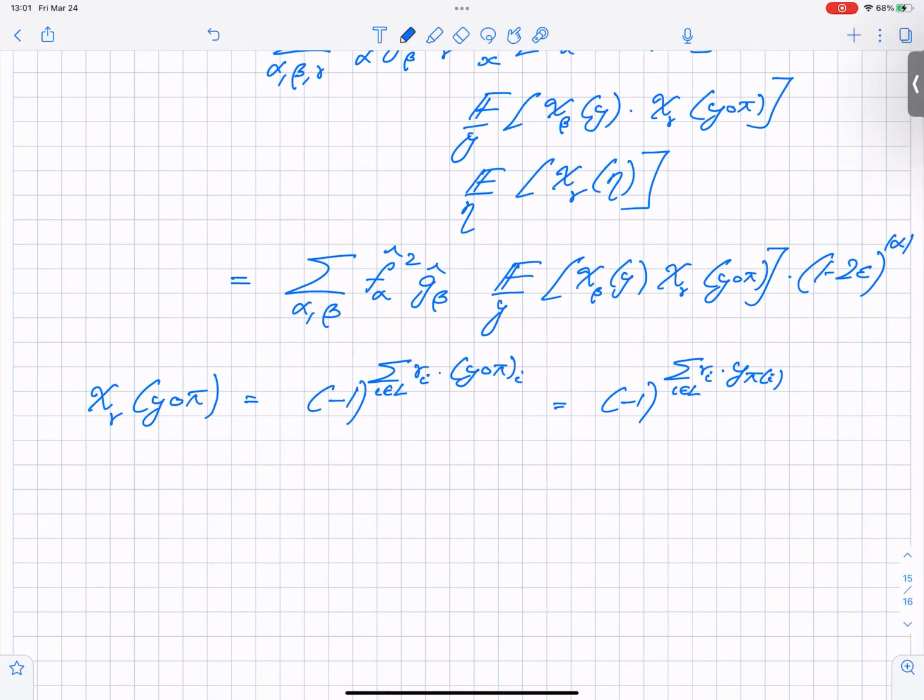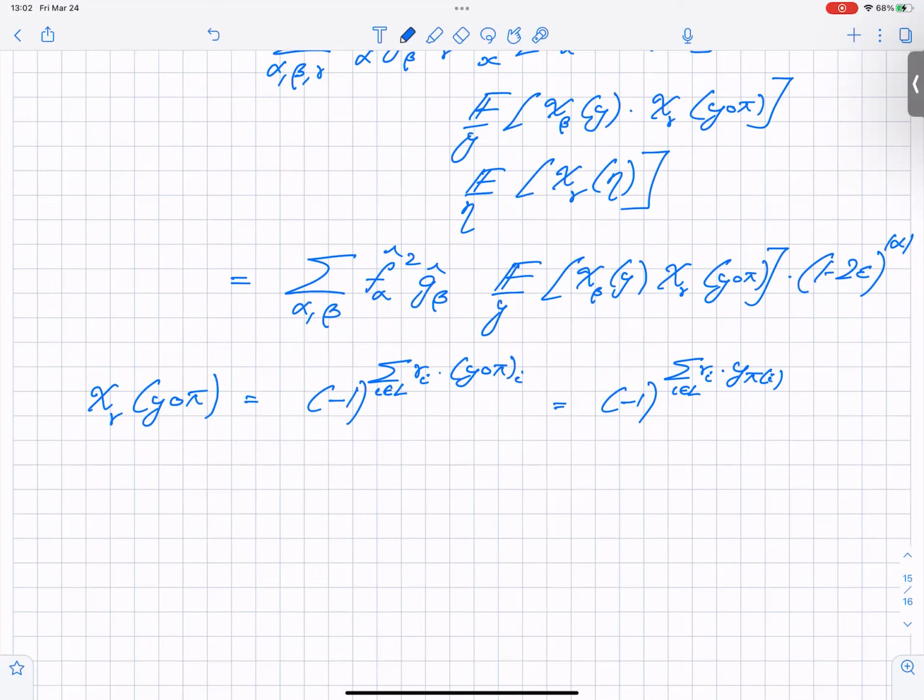Now notice, let's look at the summation. Actually, I should have done it over there. Okay, that's fine. So chi of pi inverse gamma of x.